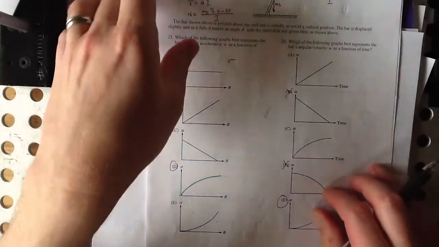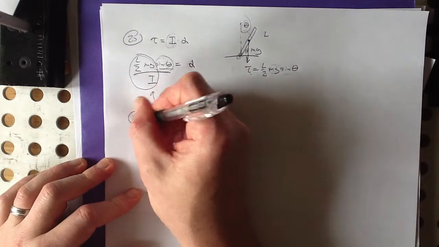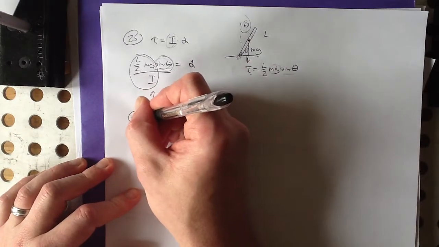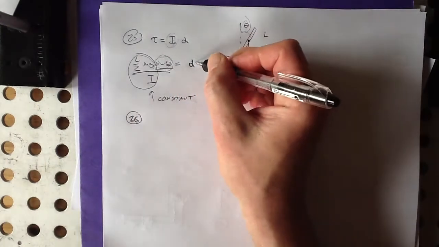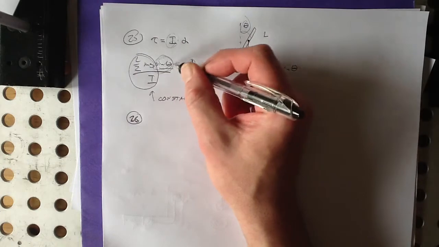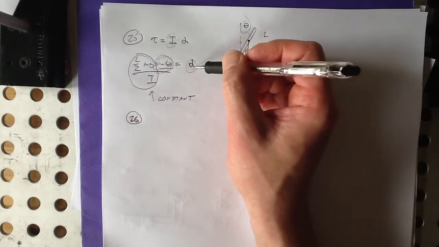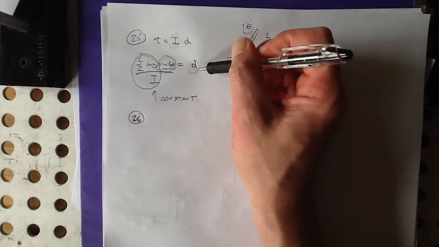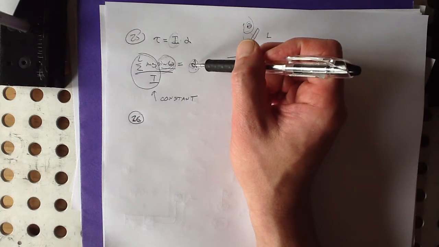Number 26 is the one where I took a little bit more intuitive approach. The problem here is, if you thought, well, wait a minute, didn't we have theta as a function of this angle, so couldn't we just take the derivative of that and get velocity? Well, you can't use those kinematics relationships unless you have functions of time, right?